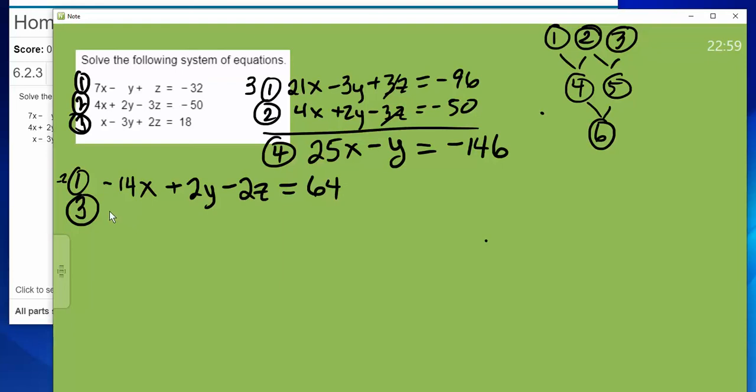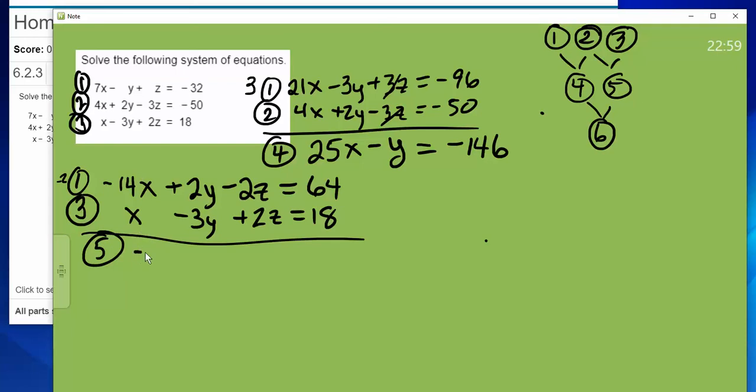And then equation 3 I will leave alone. So just copy it down. And then this will be my equation 5. So I have negative 13x, negative y equals 82.